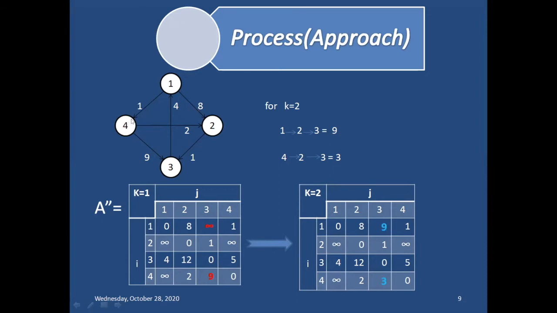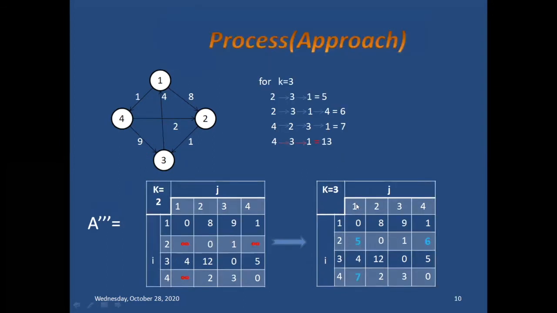When we go from 4 to 2 to 3, the distance is 2 plus 1 equals 3. We can go from 1 to 3 by distance 9. So 9 is smaller than infinity, and we put it in the matrix, and 3 is smaller than 9, so we receive 3.